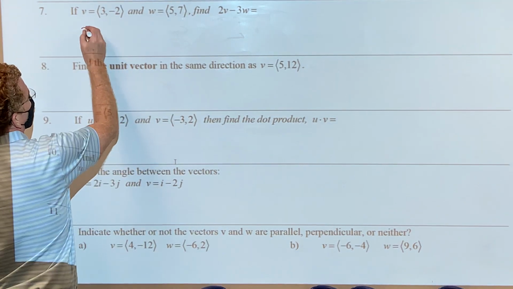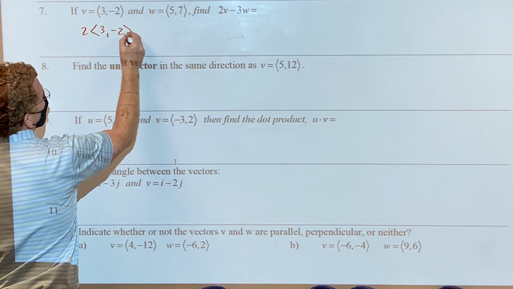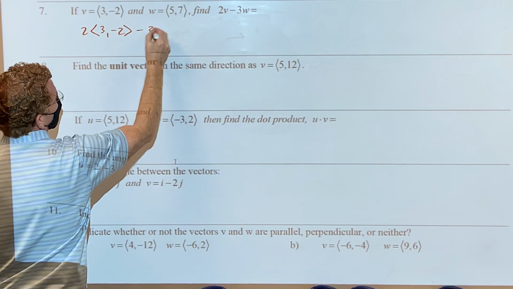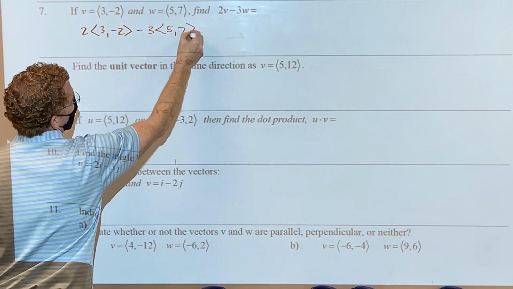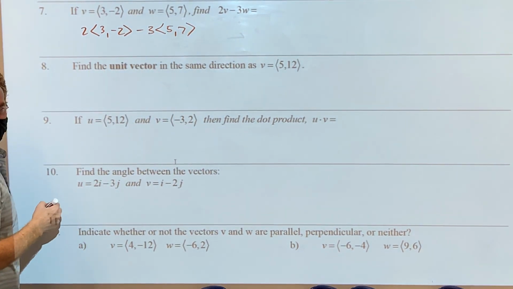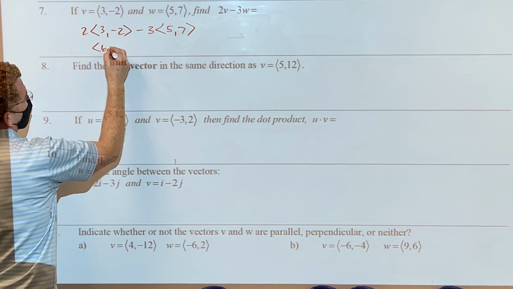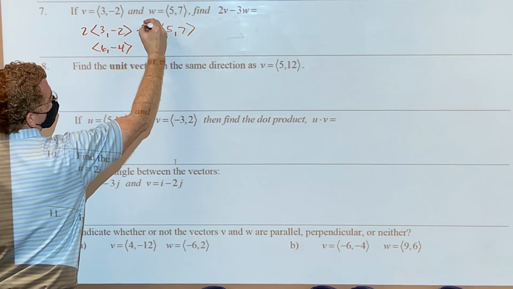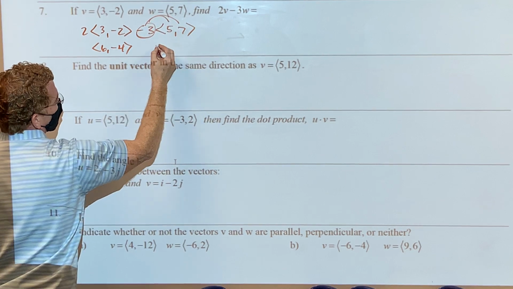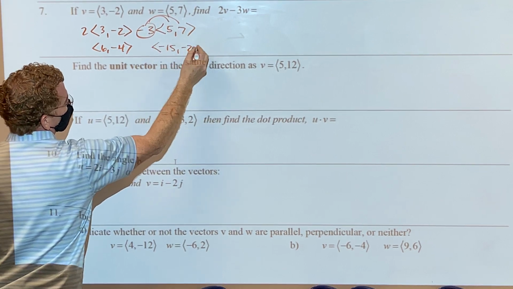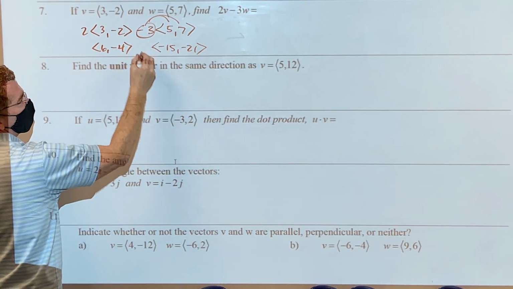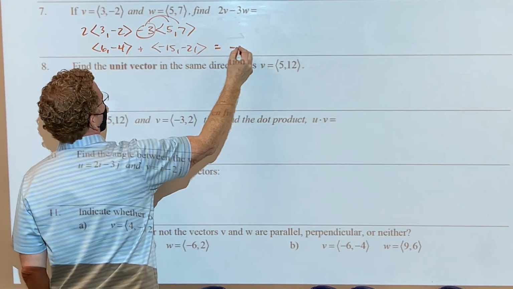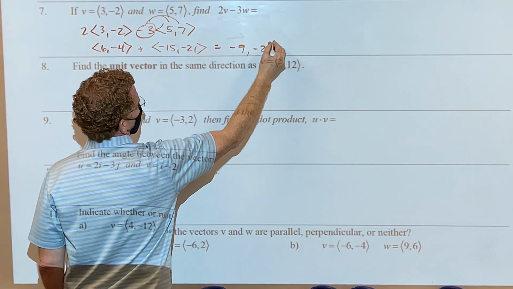So be careful: twice the V minus 3 times the W. How do I do this? Essentially distribute that in. I'm going to distribute the whole -3 in, but if I do that, what do I need to do in between these then? Add. So when I do that, I end up with the -9, -25.